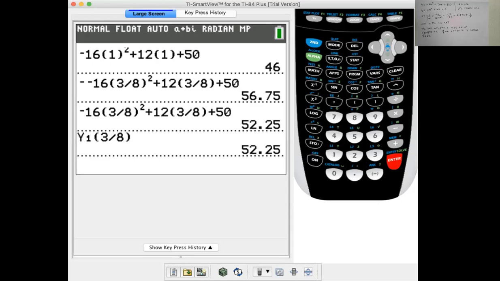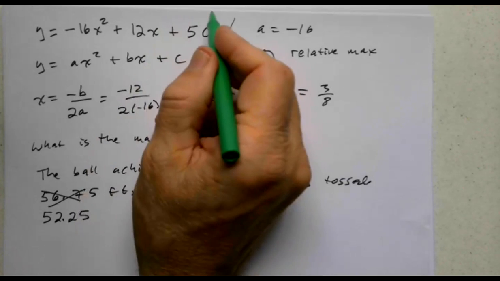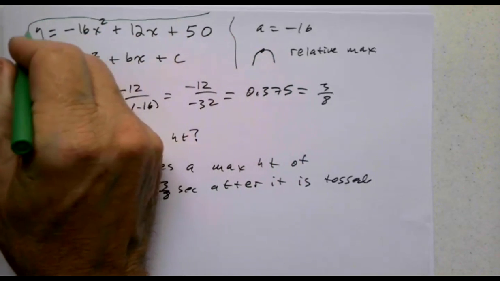So indeed, once we corrected the error on our calculator, we have the ball achieves a max height of 52.25 feet, 3/8 of a second after it is tossed. Now, when does it hit the ground? That was our last question. So you can see this is our equation.